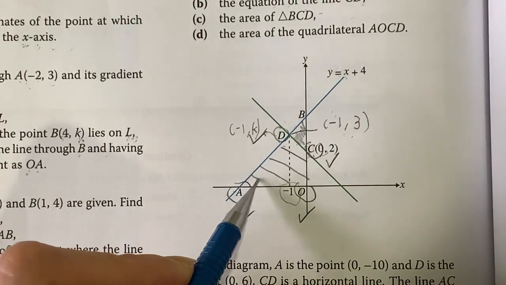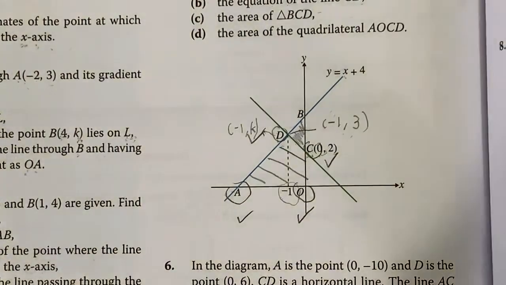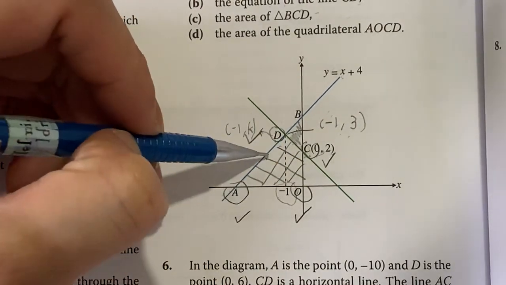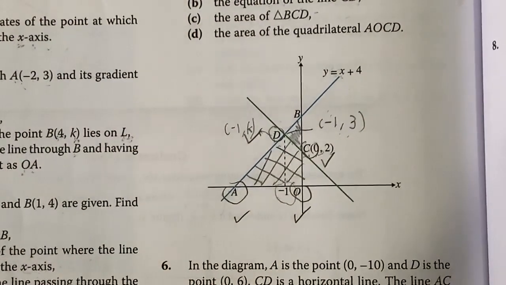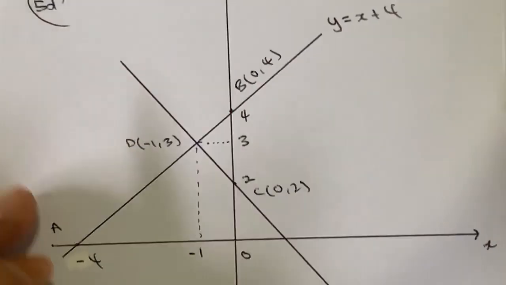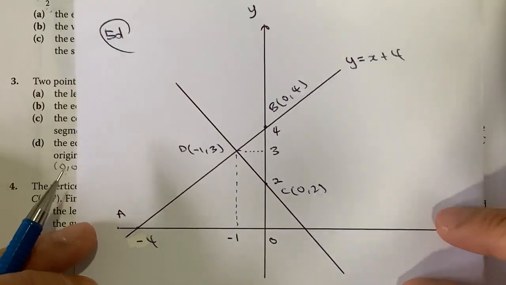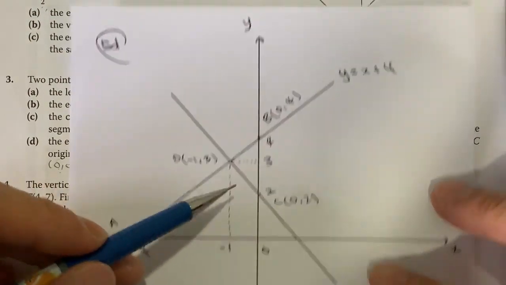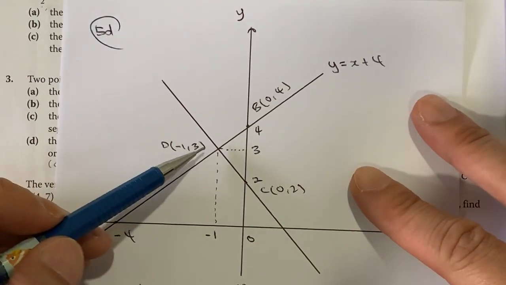We need to find this portion here, the area. So I've redrawn the diagram, it's here. Later I'll explain how we are going to find this AOCD area.